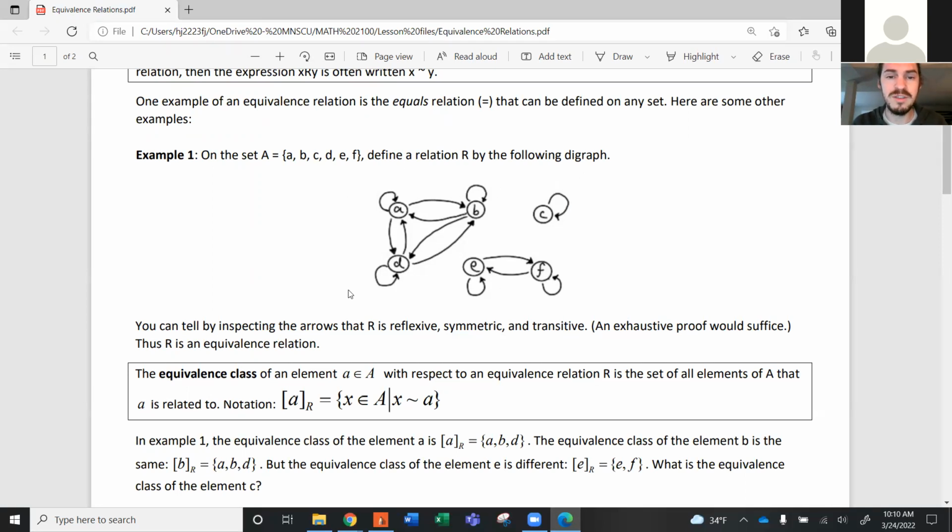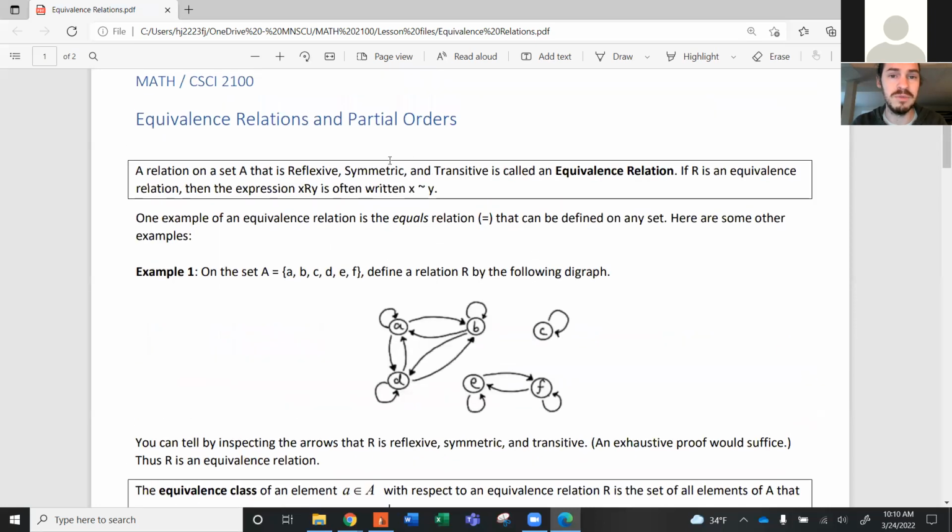Every single one of these nodes has a looping arrow on it. That's because it has to be reflexive, so reflexivity is reflected by the loops. The symmetric property is that every time there's an arrow between distinct nodes, there's another arrow going back the other direction. That's symmetry.